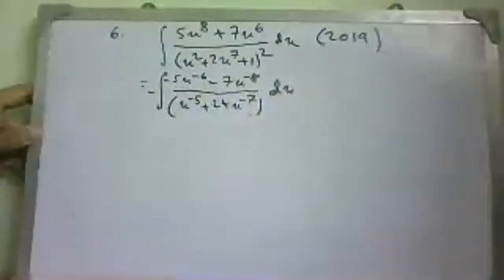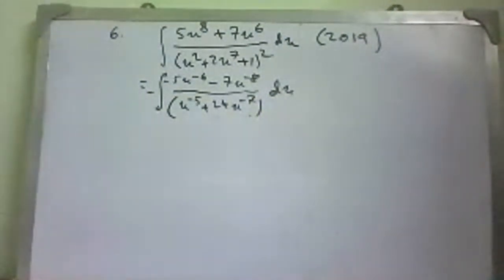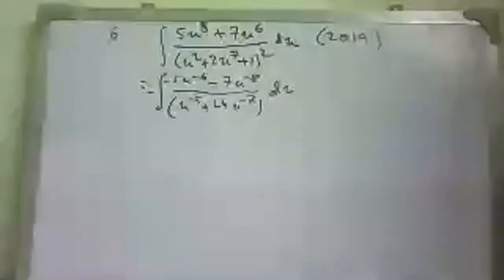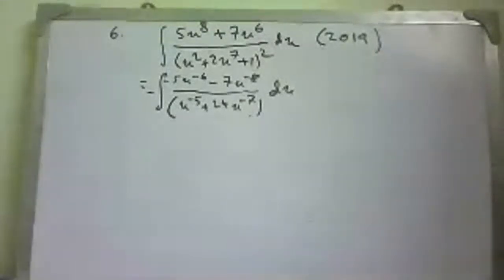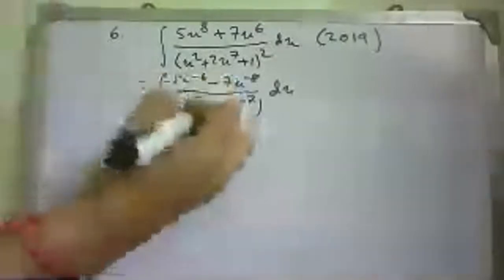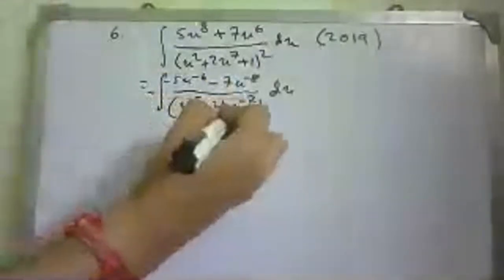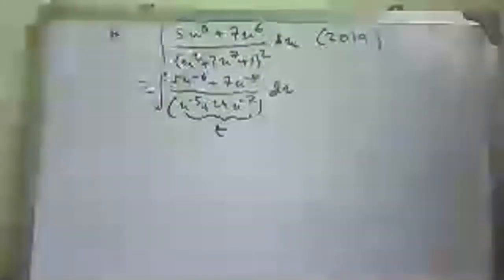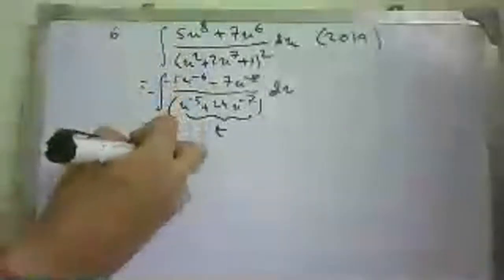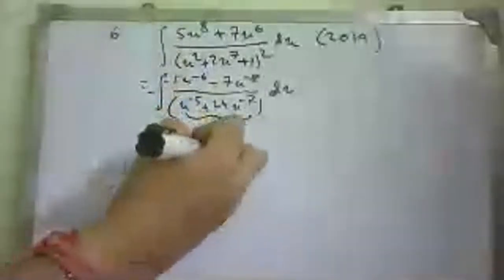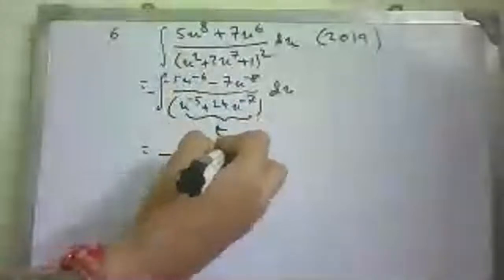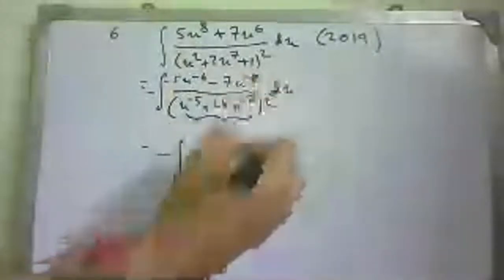So we can see what is actually going on. Okay, if we assume that this particular thing is t, then you can see that the numerator is basically dt, and the square is over here, t squared.